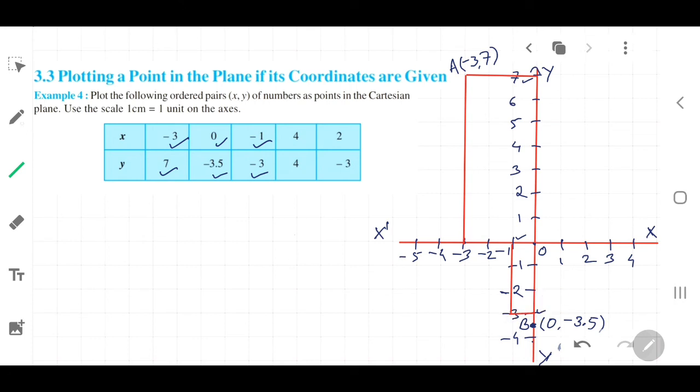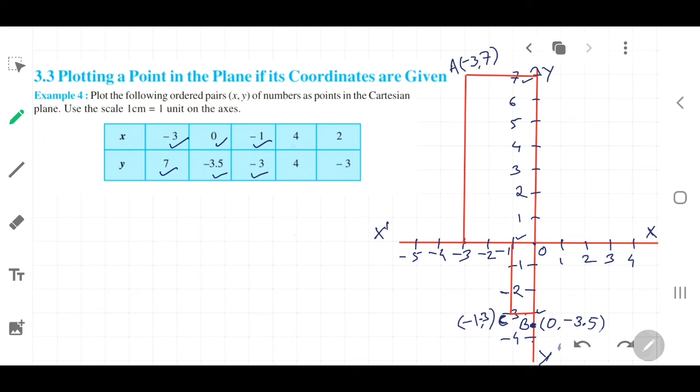So here will be the coordinate. So you can put here point C. Okay. And what are the values of x here? -1 and -3. Correct? That is -3. -1 and -3.